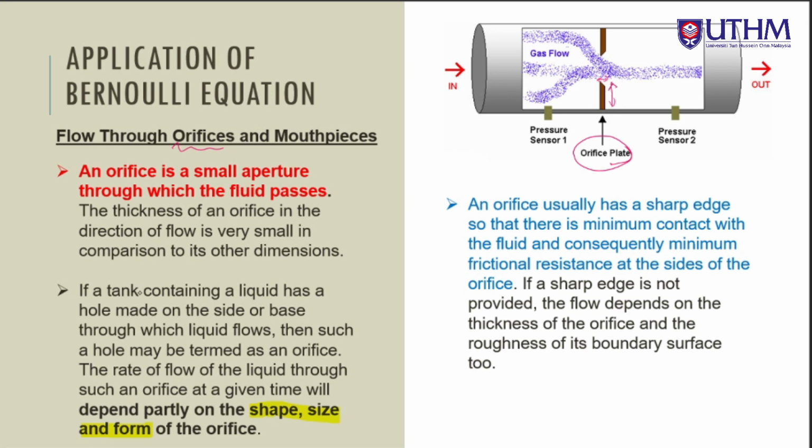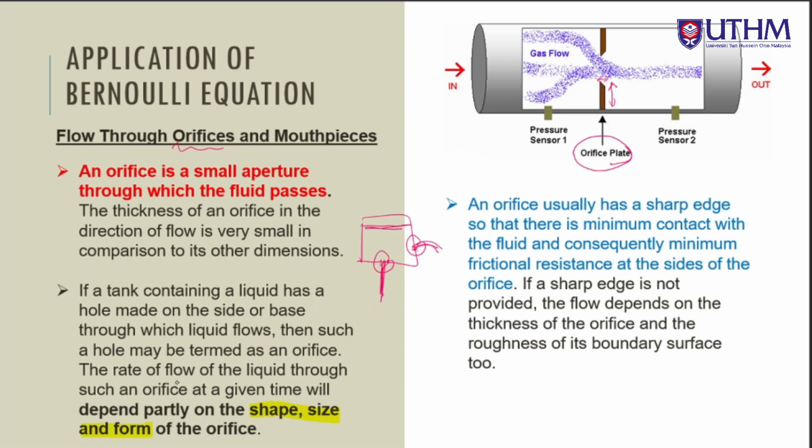For example, if a tank containing a liquid has a hole made on the side or base through which liquid flows, then such a hole may be termed as an orifice. So if a tank has a hole here, which allows the liquid in the tank to flow out, all of these can be called an orifice.